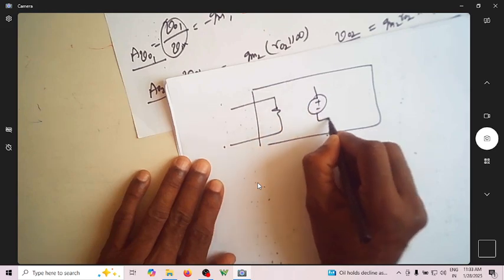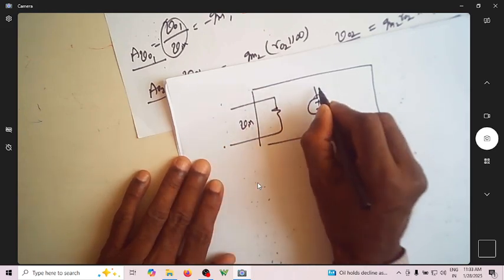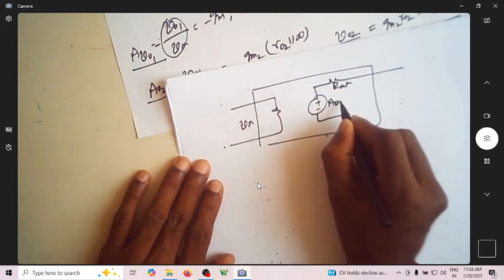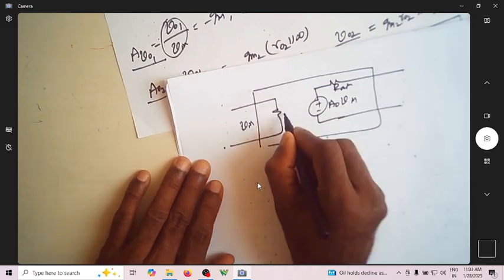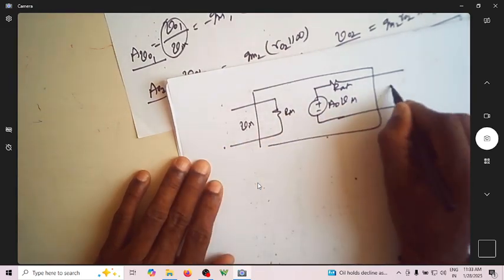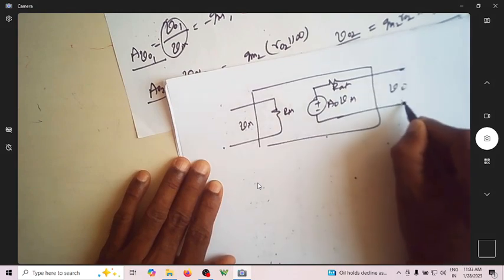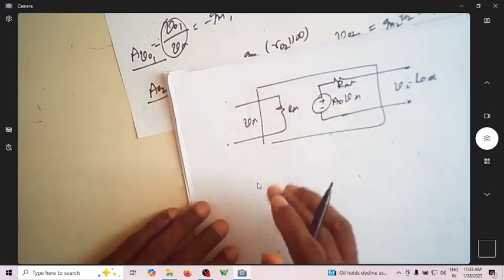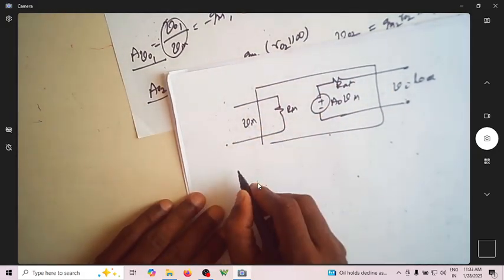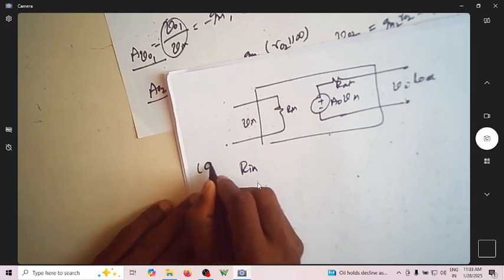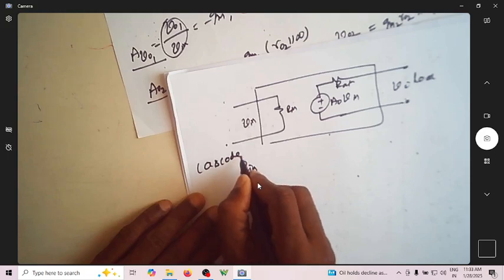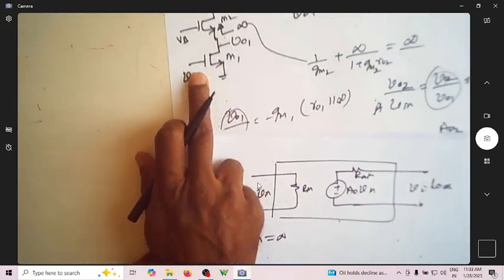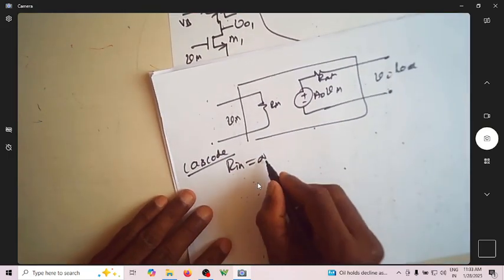This is Vin, this is Rout, this is A0 into Vin, this is Rin, this is Vo, and this is my load. This is for any amplifier. For the cascode amplifier specifically, Rin is infinity, because you can see here this is an infinite resistance.